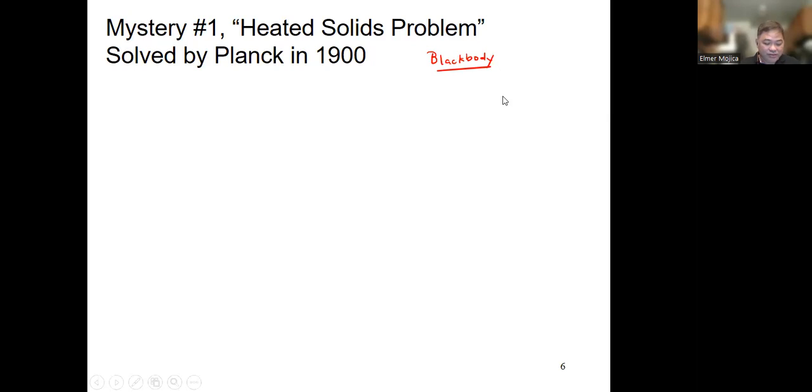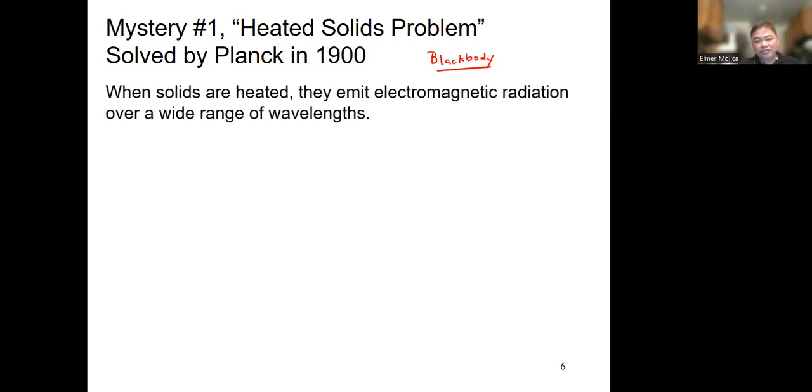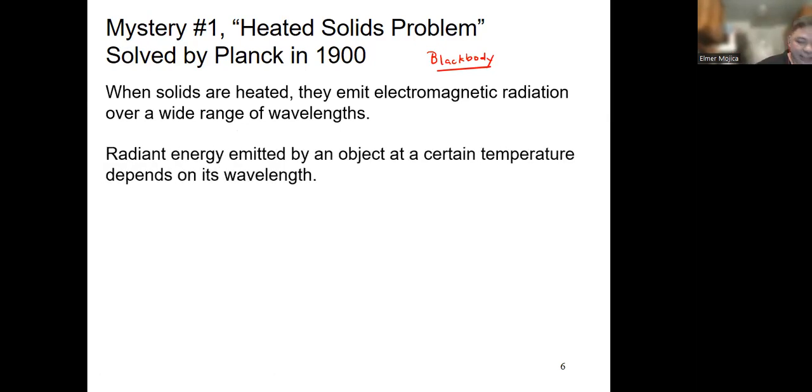Okay, so what he observed here, that when he heated solids, they emit electromagnetic radiation over a wide range of wavelength. However, yung radiant energy na ini-emit ng object, meron siyang tinatawag na lower limit. Kahit i-apply mo ng temperature, hindi nagbabago yung emission.